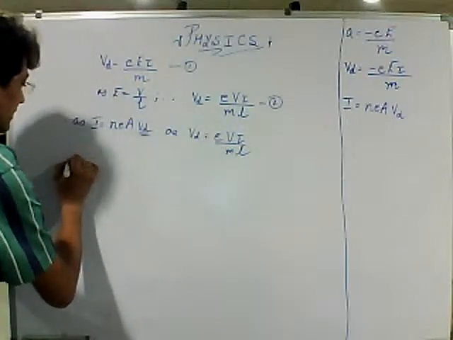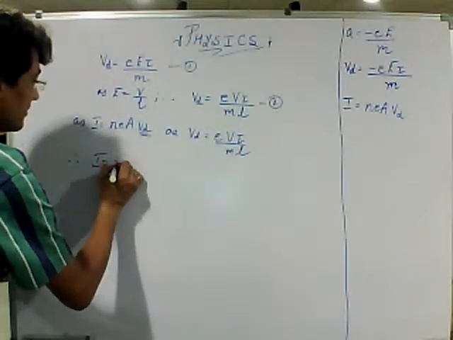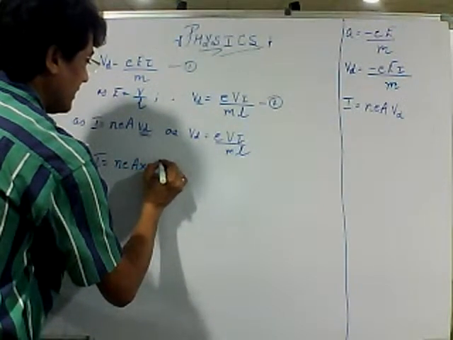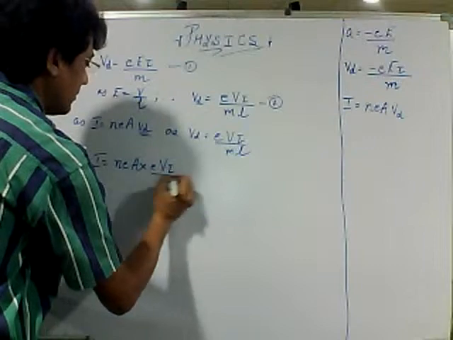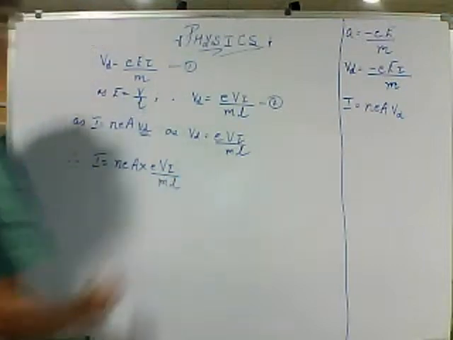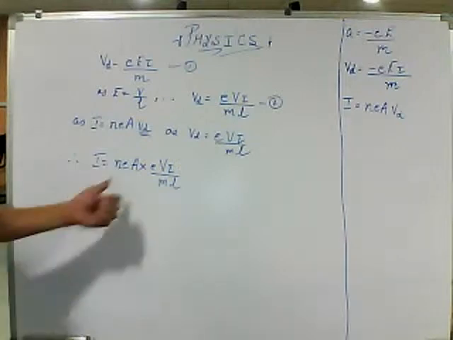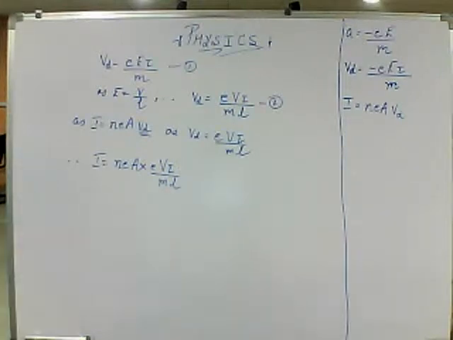So I'll have current given as NEA multiplied by eV tau by mL. Please check if you have any doubts up till this point, because it's nearly done now.